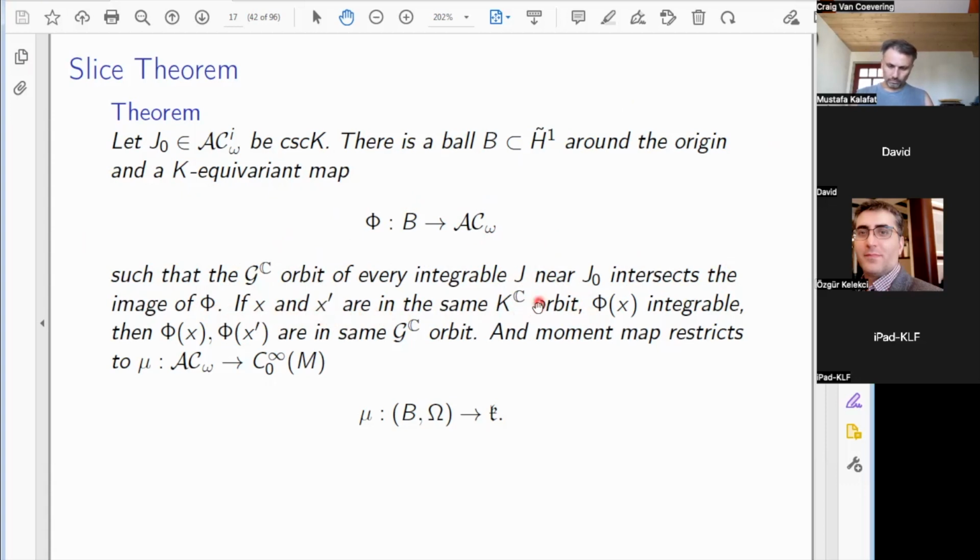And if two points are in the same, so then you also have the complexification of the isometry group acting on the harmonic space here. So it acts on the ball.